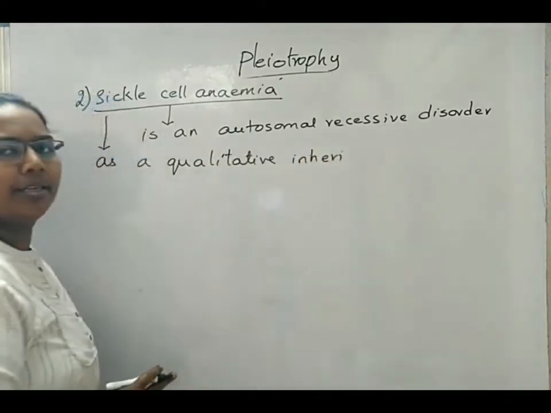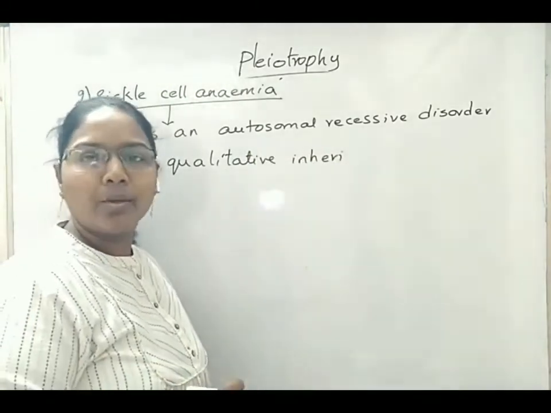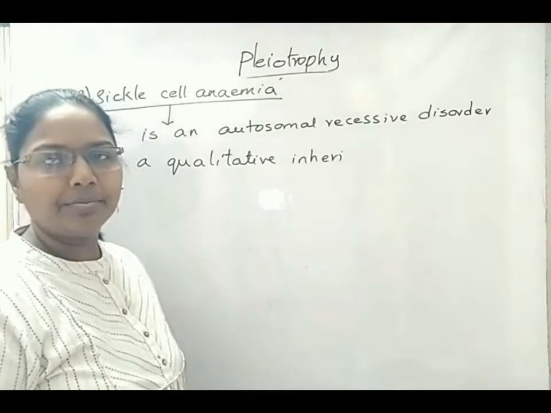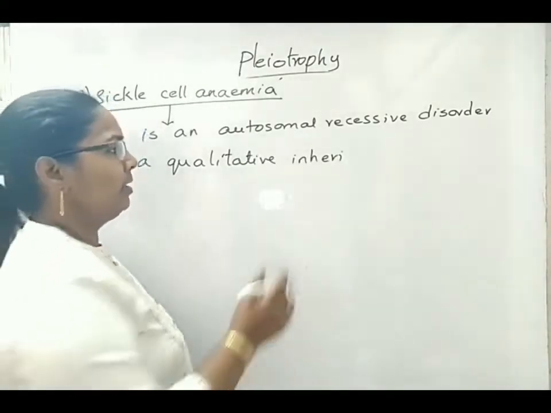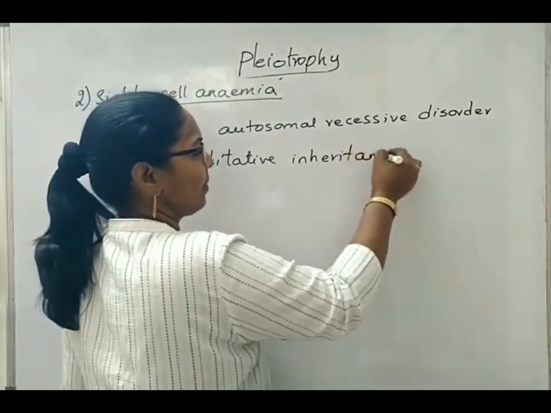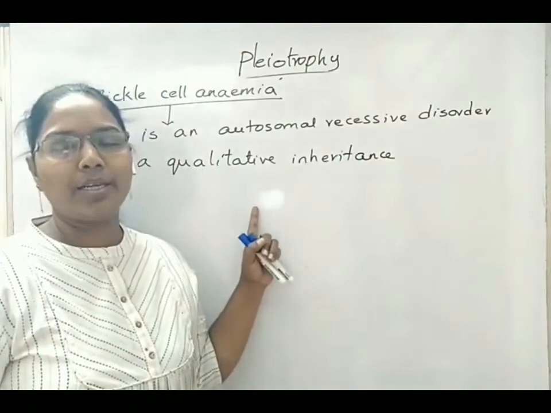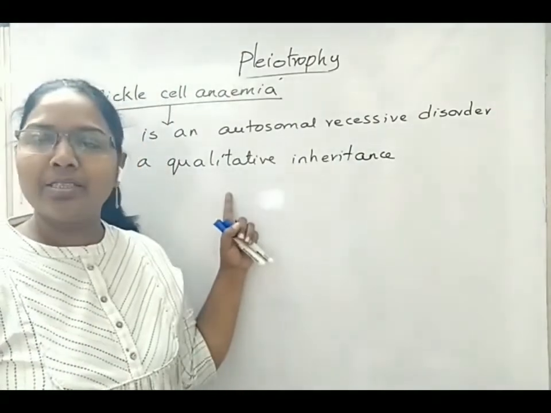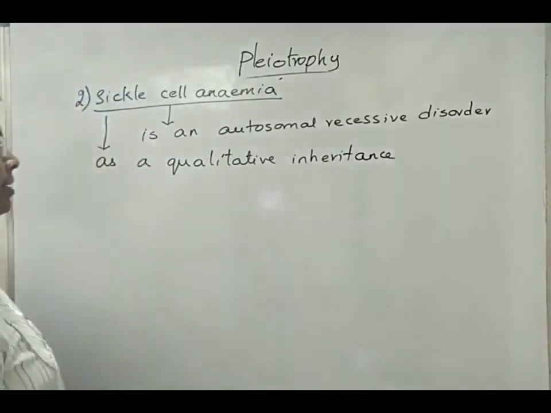In my first and second videos, I told about qualitative and quantitative variations, which do not change with environmental changes. I have given a detailed explanation about quantitative inheritance and qualitative inheritance. You can please check out parts 2 and 3 for such details.